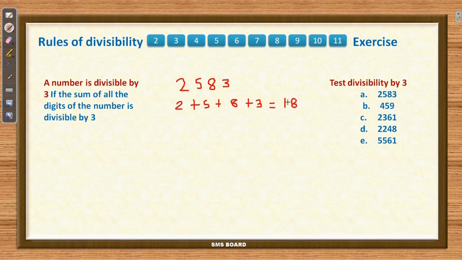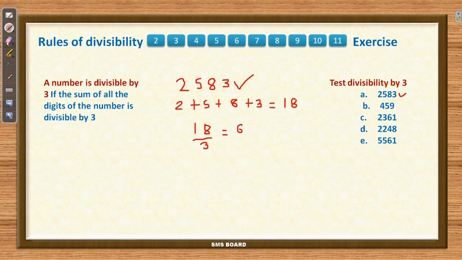You know, 18 is divisible by 3 because 18 is equal to 3 into 6. 18 is exactly divisible by 3, that is, quotient is 6. So this number is divisible by 3.